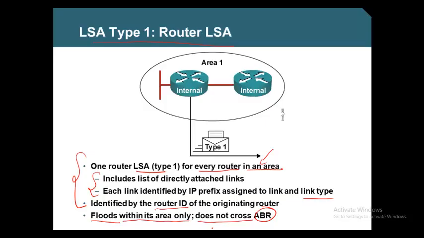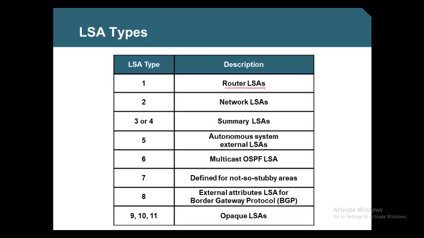Any question on router LSA? Router LSA is type 1. Second LSA is network LSA. You see, areas will have some DR, designated router. If you have only point-to-point links in an area, there won't be a designated router.